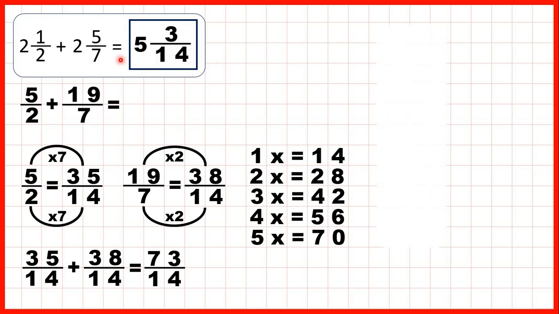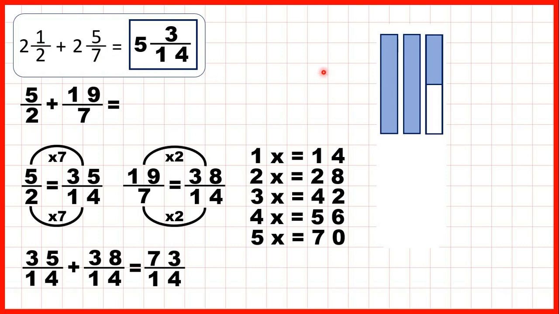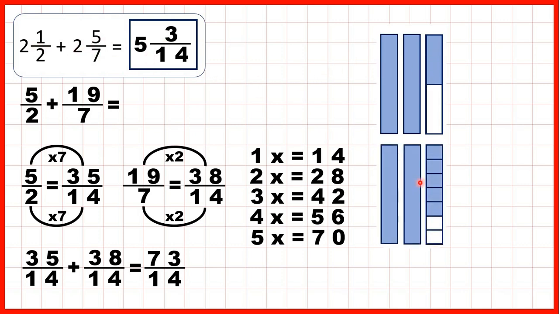So let's use fraction bars to see what we did here. We started with 2 1/2, and we were adding 2 5/7. We changed 2½ into 5/2 and 2 5/7 into 19/7. But to add fractions we need the denominators to be the same.